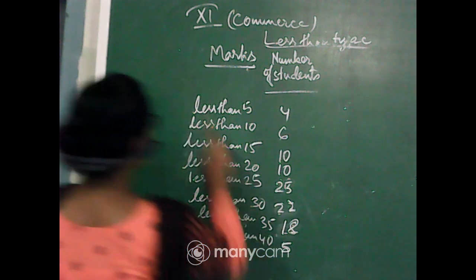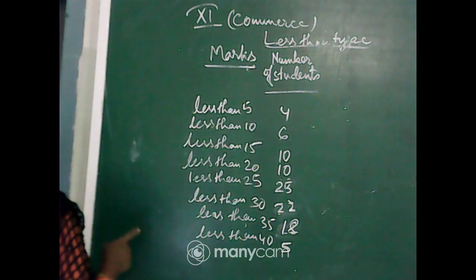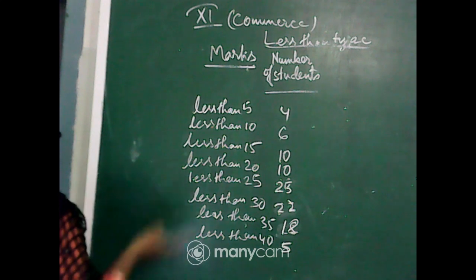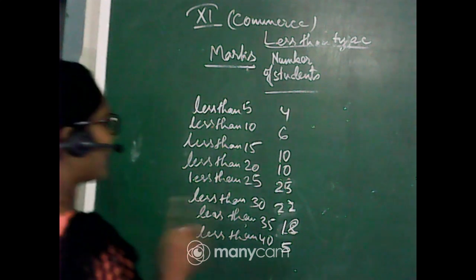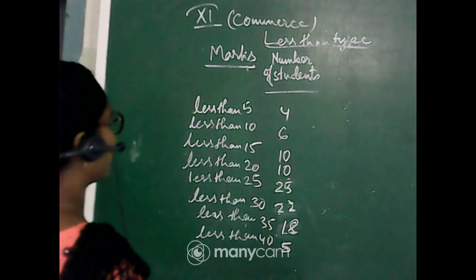This is the same as 0 to 5, 5 to 10, 10 to 15, 15 to 20, 20 to 25, 25 to 30, 30 to 35 and 35 to 40.